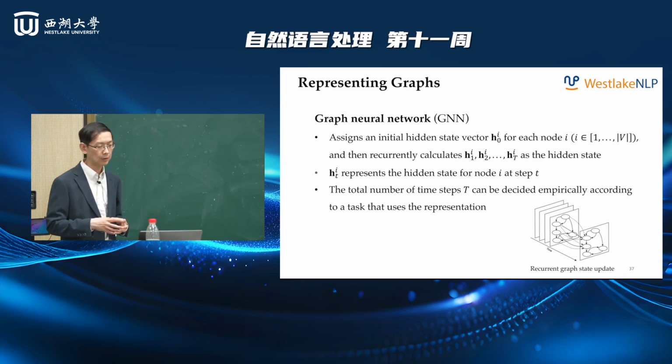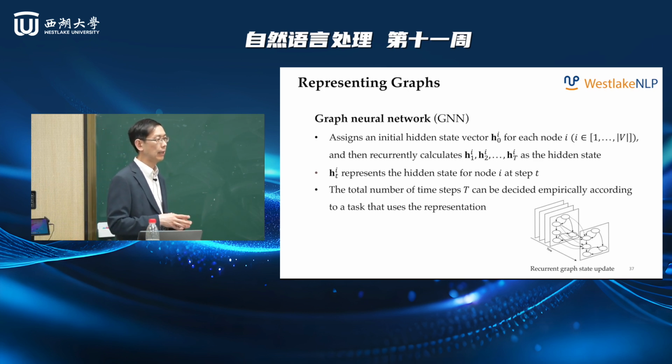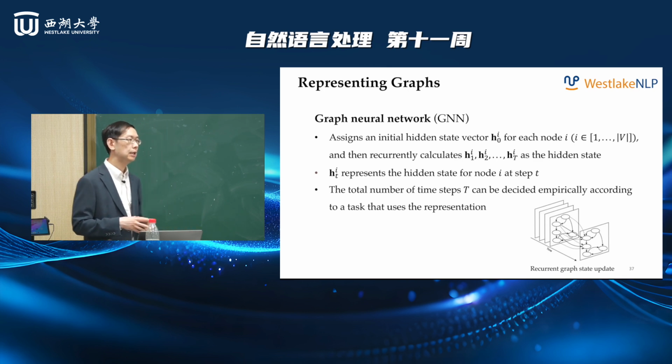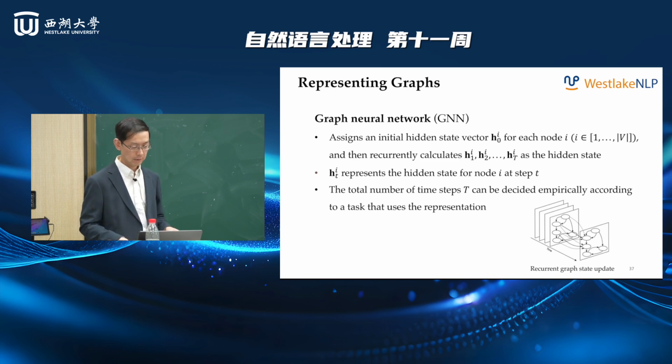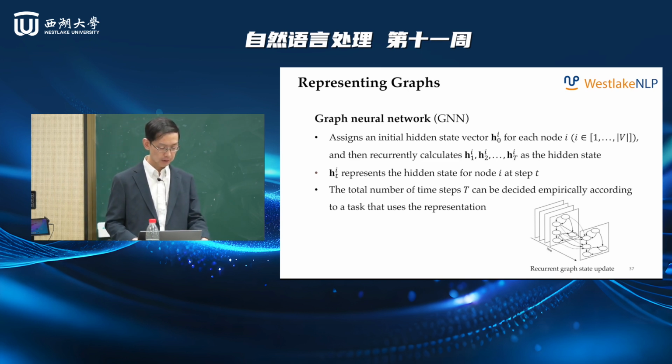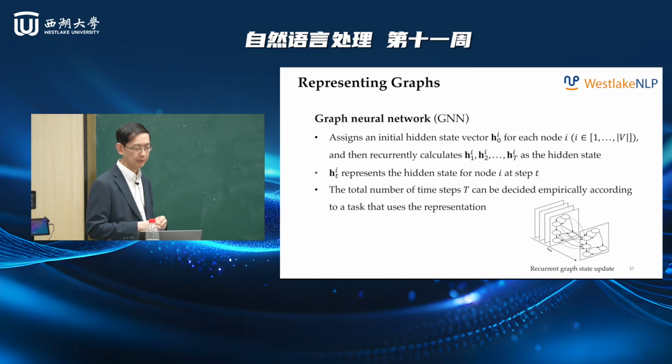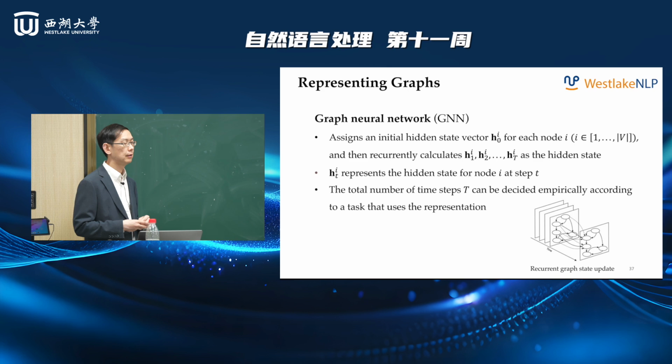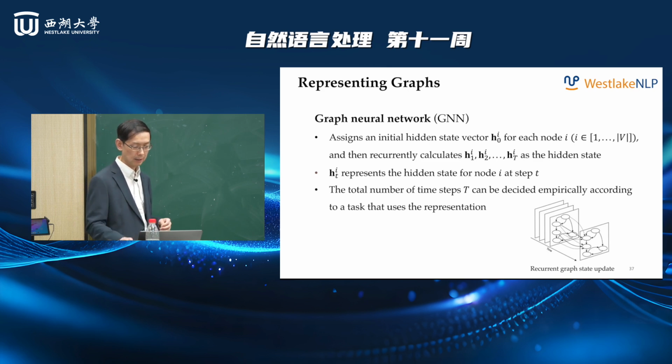So every graph node x_i will have h_i^1, h_i^2, until h_i^T, depending on how many iterations we want to go. At every iteration, h_i^t will receive messages from all its neighbors. I use Ω_i to define the set of neighbors of node i, from time step t minus 1. So that's the basic idea.